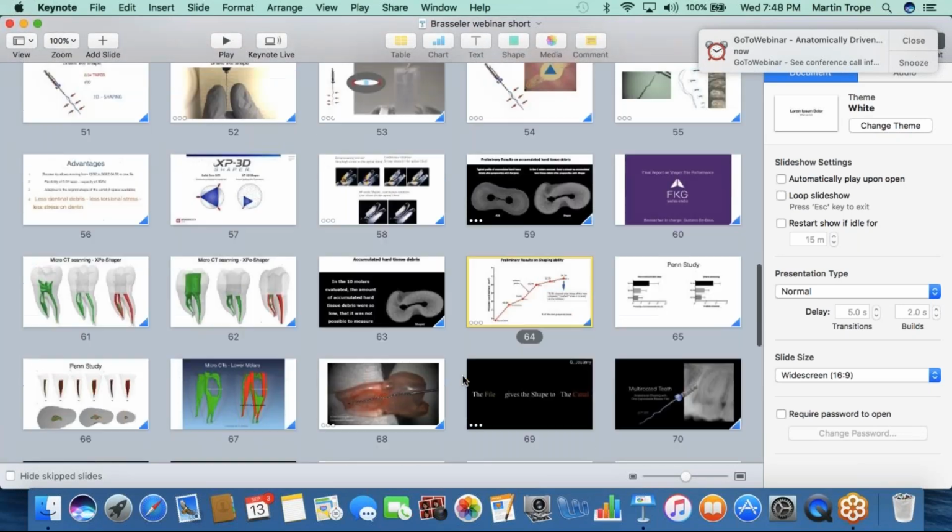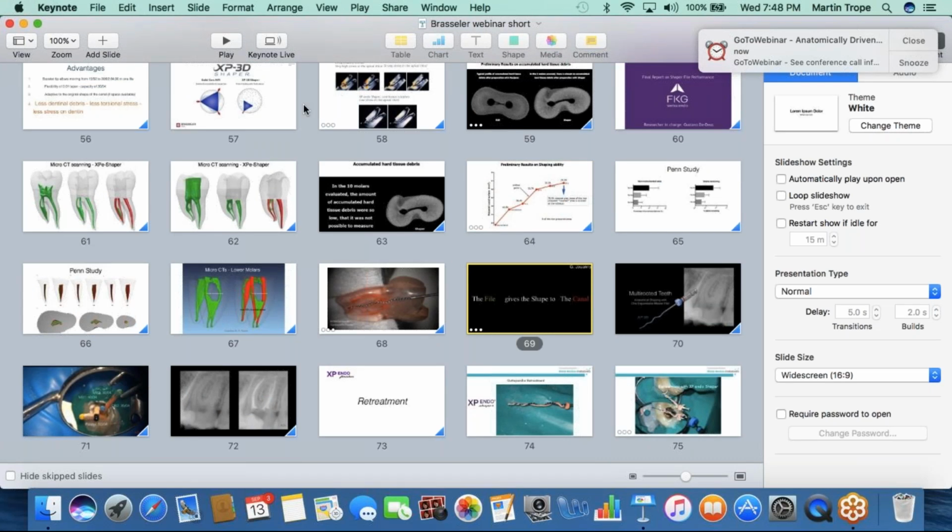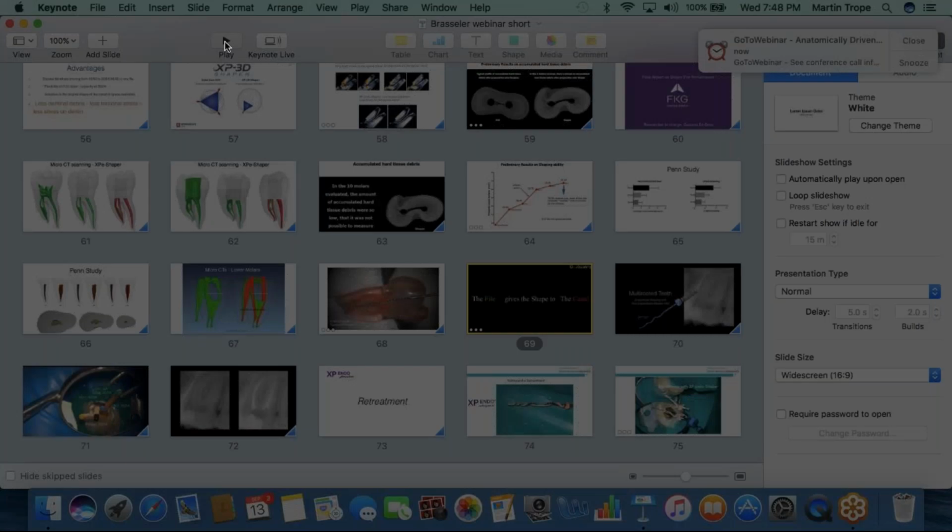And I'm going to then go to the main point where with the shaper, we change the equation. With a round file, the file gives an artificial shape to the canal. Now the canal gives the shape to the file. So this is a huge difference.